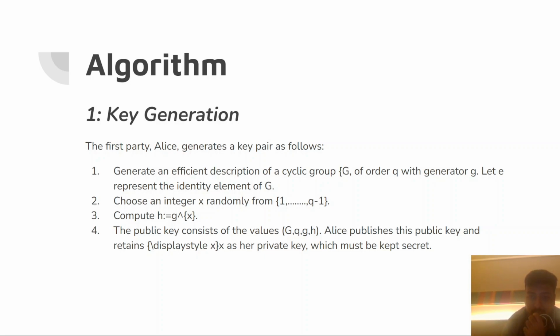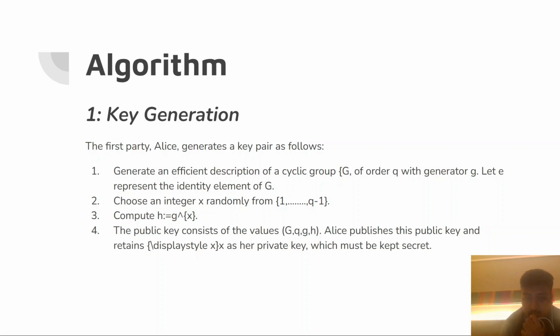Let e represent the identity element of G. Choose an integer x randomly from the range 1 to q minus 1, and after that compute the value h, which will be equal to g to the power of x.